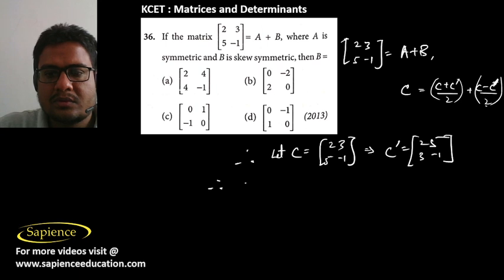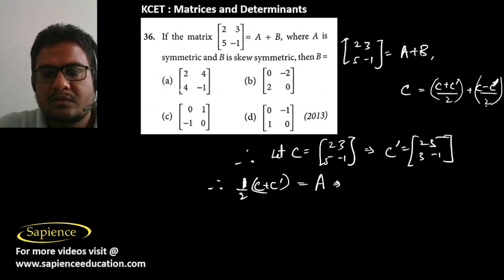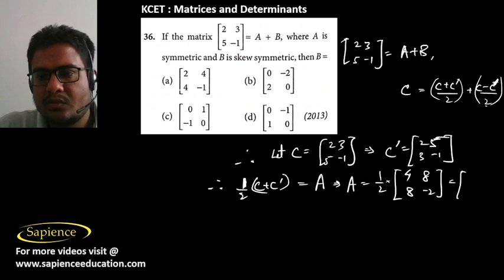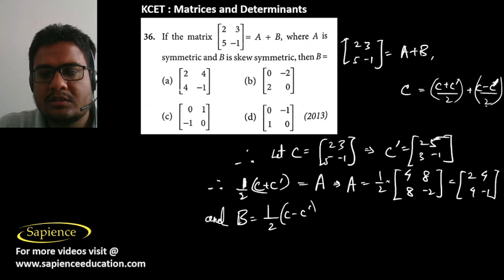Now half of C plus C transpose is the symmetric matrix, which is A. Therefore A will be equal to half of this 2 plus this, so 2 plus 2 is 4, 3 plus 5 is 8, 5 plus 3 is 8, and this is minus 2, so it will be 2 4 4 minus 1. And the matrix B, that is skew symmetric, is half into C minus C transpose.